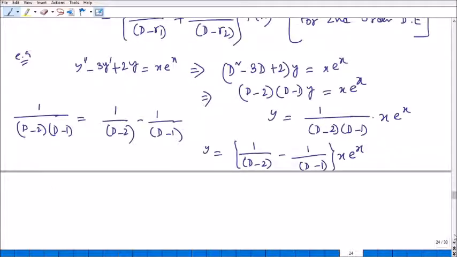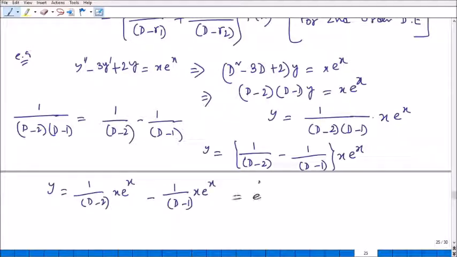So we get y equal to 1 by d minus 2 operating on x e to the power x, and then for this operator, 1 by d minus 1 operating on x e to the power x. So this is e to the power 2x integration e to the power minus 2x x e to the power x dx, minus e to the power x integration e to the power minus x and x e to the power x dx.